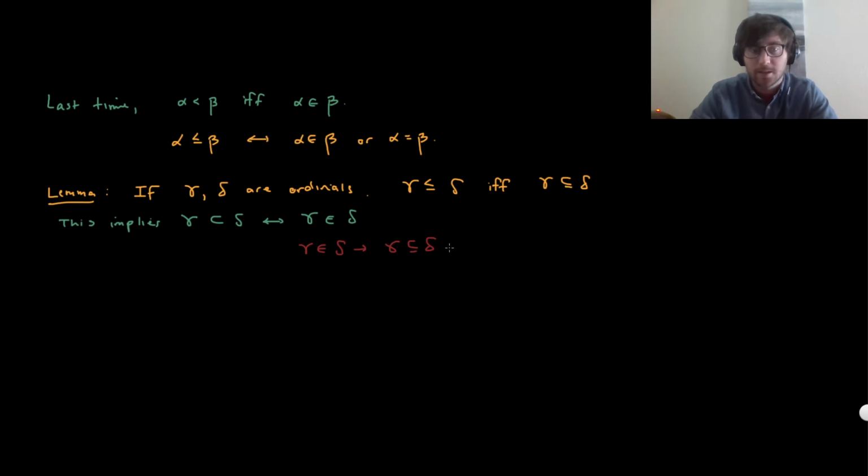But gamma is not equal to delta, because if gamma was equal to delta, then delta would be equal to gamma, and then delta would be an element of itself. So maybe this isn't an S; it's a delta.